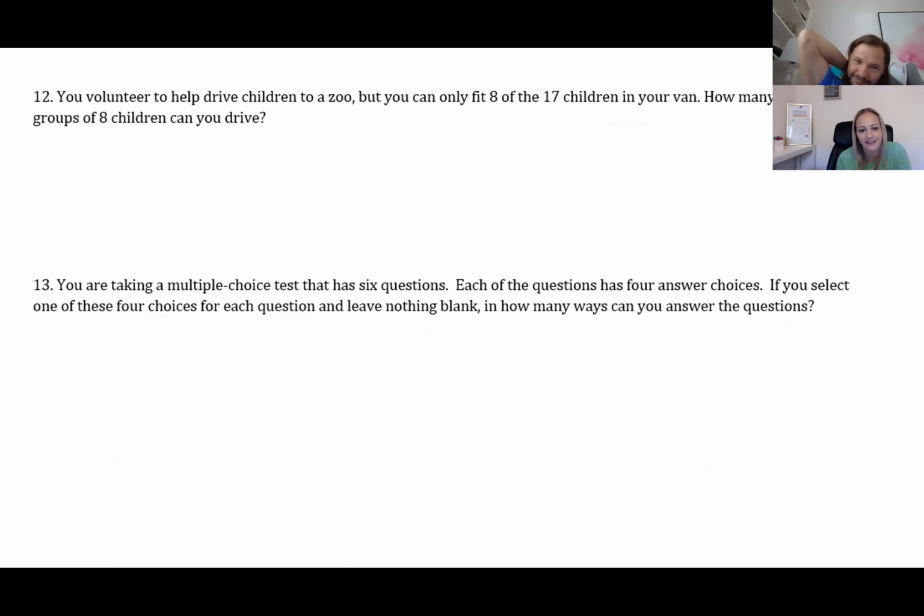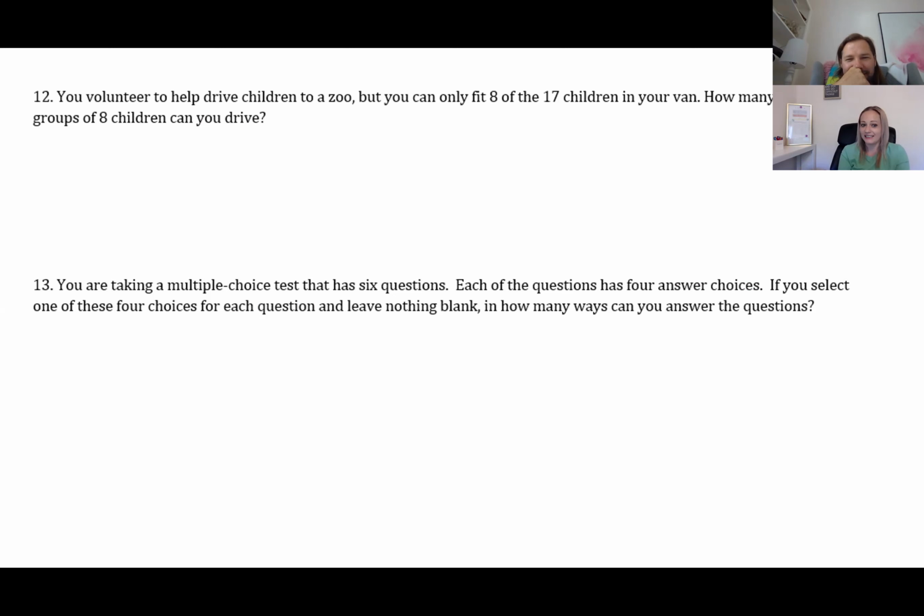Okay, 12 says you volunteer to help drive children to a zoo, but you can only fit 8 of the 17 children in your van. How many different groups of 8 children can you drive? So how many ways can you put 8 children out of 17 total into your van?